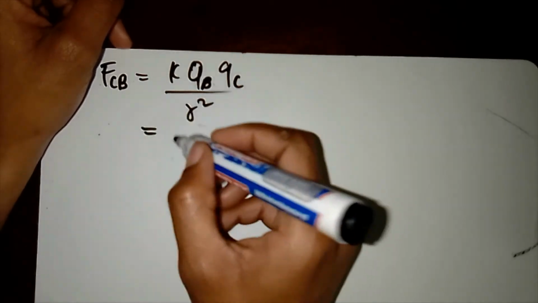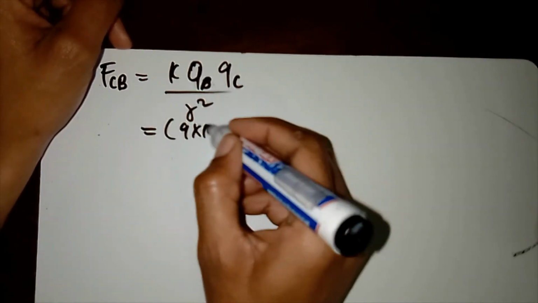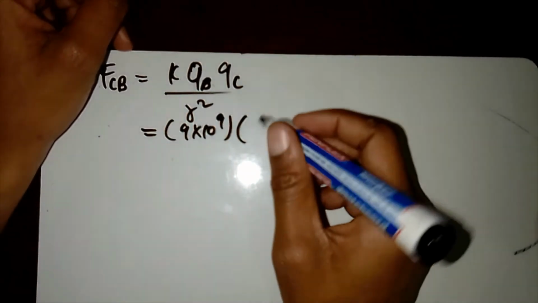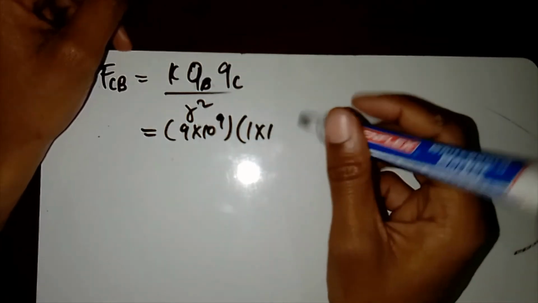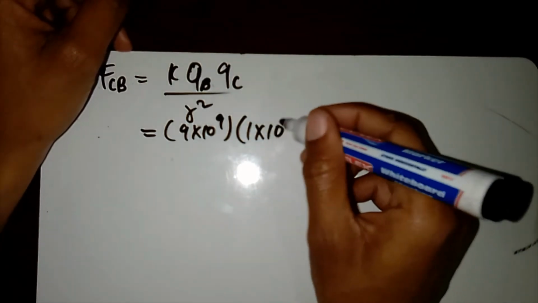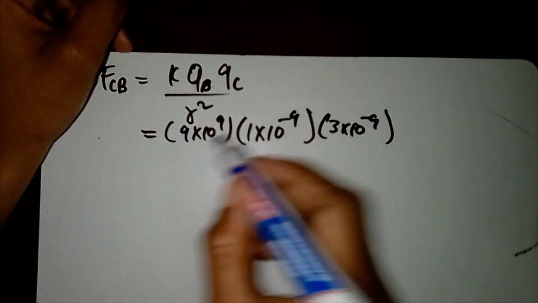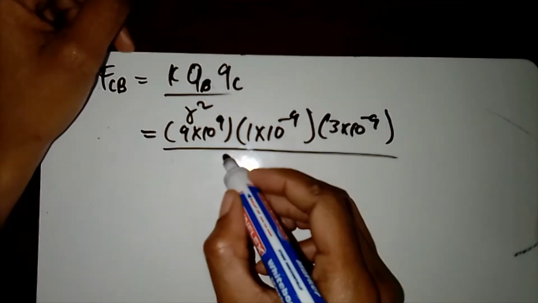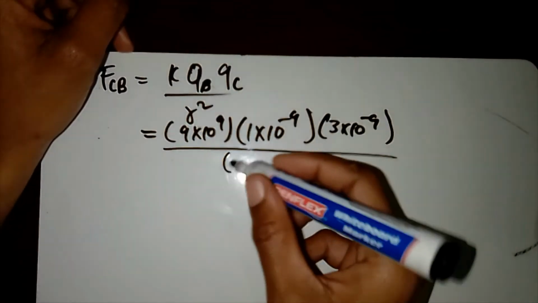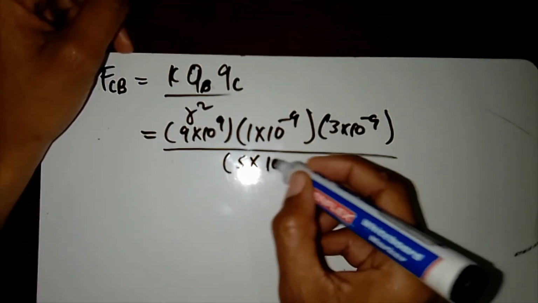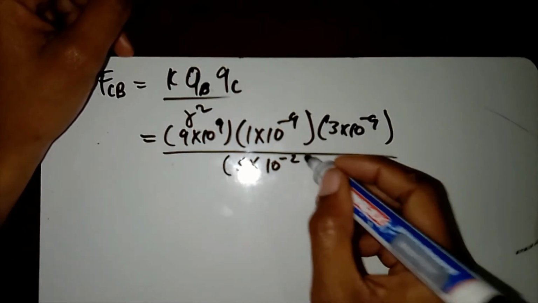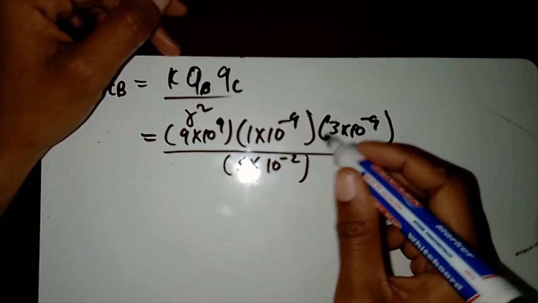It is just a matter of putting everything in again. 9 multiplied by 10 to the power of 9, and then this would be 1 multiplied by 10 to the power of minus 9, 3 multiplied by 10 to the power of minus 9, all of it. And the distance between those two charges B and C, we know that it is 5 centimeters. We converted to meters, so it was 5 multiplied by 10 to the power of minus 2 meters.